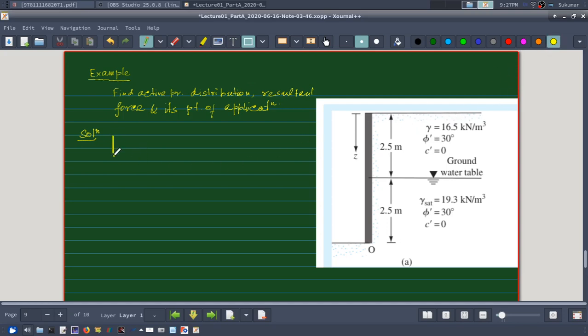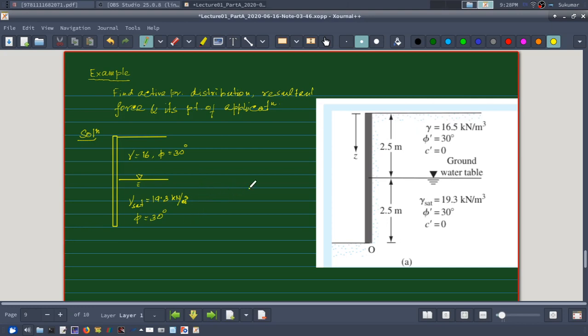Say this is my retaining wall, and this is exactly at the midpoint, so somewhere here I have the groundwater table, and gamma is given 16, phi is given 30 degree, and gamma saturated is given as 19.3 kilonewton per meter cube, and phi is same, phi is 30 degree, and cohesion is 0 of course.